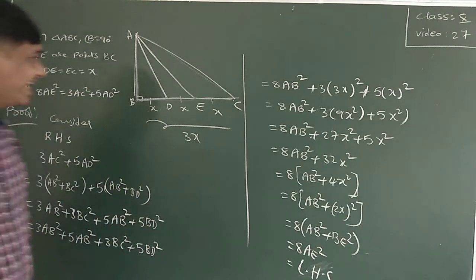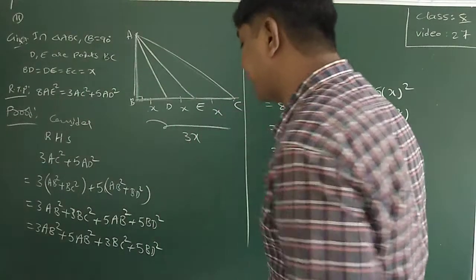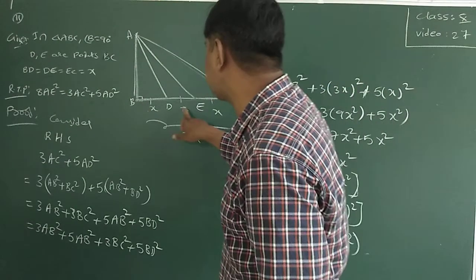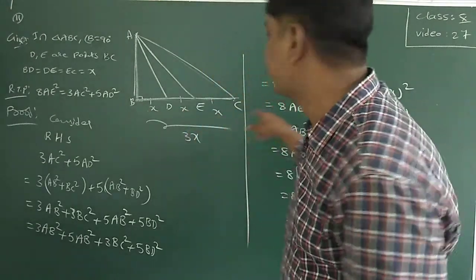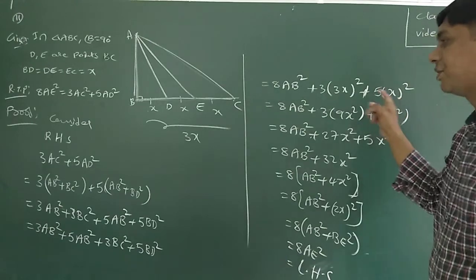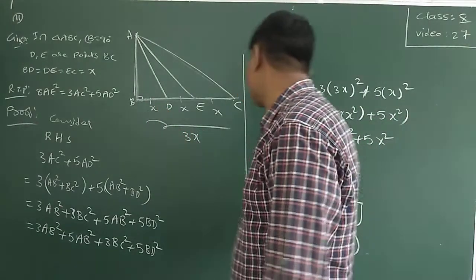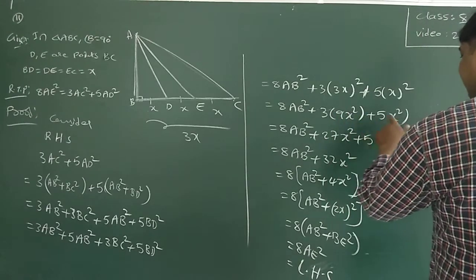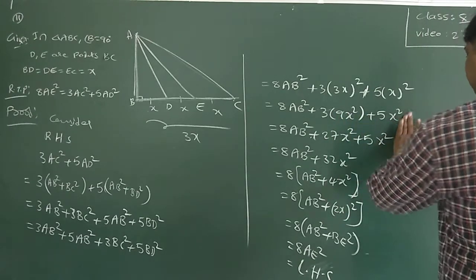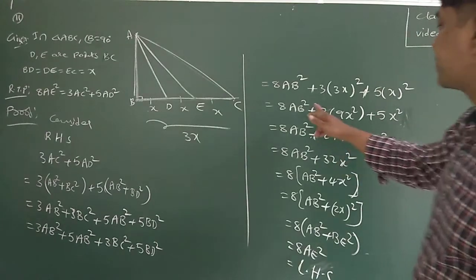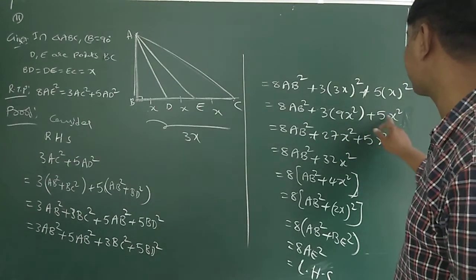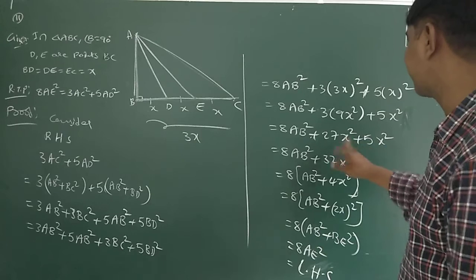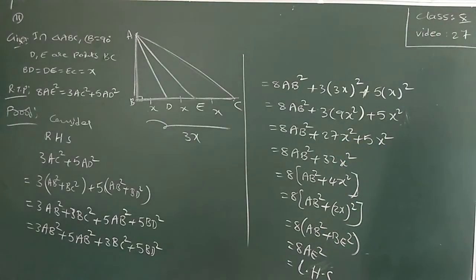Now 3 plus 5 is 8 AB square, plus 3 into BC, which is x plus x plus x, 3x, whole square, plus 5 into BD, which is x square. So 3 3s are 9x square plus 5x square. 8 AB square plus 3 9s are 27x square plus 5x square, which is 27 plus 5, 32x square.